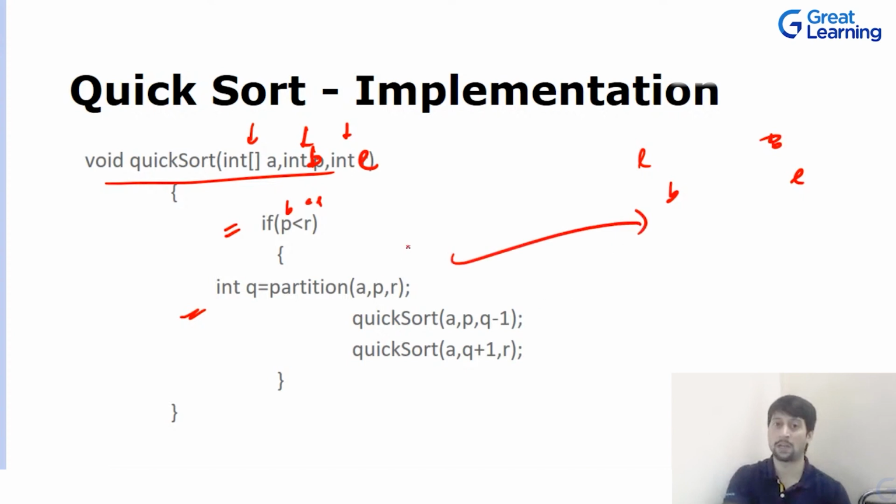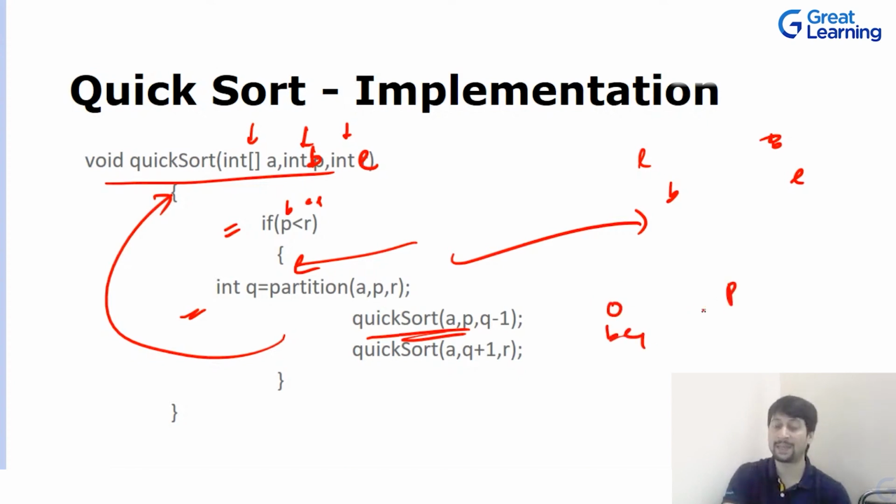Your partition is called. You return one index and then you call quick sort again. Same thing again, but this time you call it from 0, that is your beginning, to pivot index -1, because the pivot index is originally at its own position, it won't change. You call quick sort again on this portion.